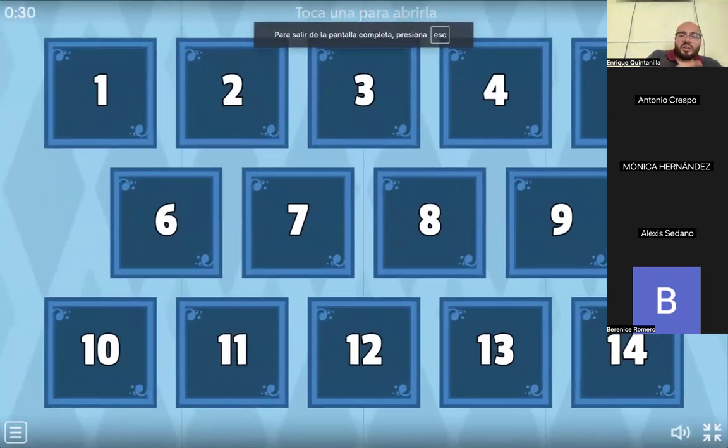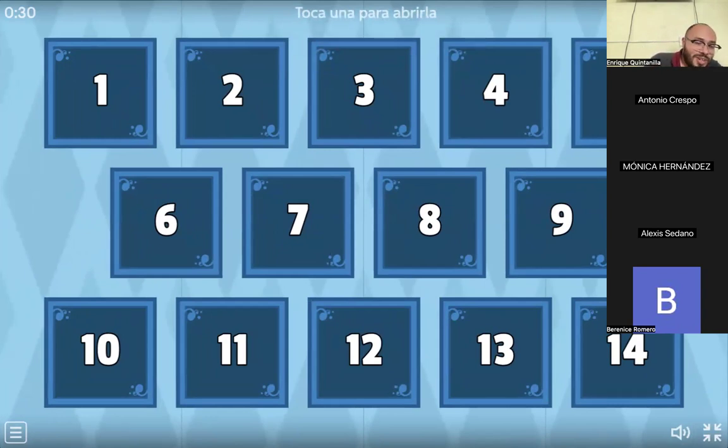Be careful because if you choose one and it's incorrect, you have to quickly choose another number, because when the time is out and it's not the correct one, the game is going to end. So let's start with Bere. Choose a number.